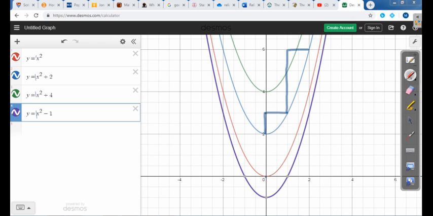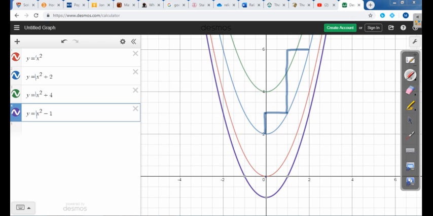Okay, so what happened here is from this graph to this graph, I have what we call a vertical translation. Again, vertical translation, but I'm going to say vertical translation 1 unit down. So I took my graph and moved it down 1. What's my vertex here? 0 and negative 1.